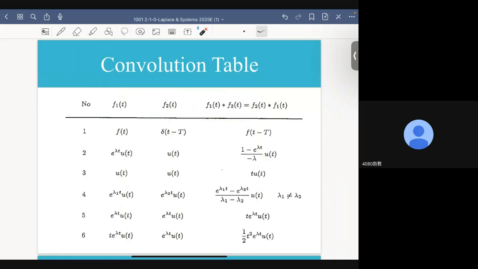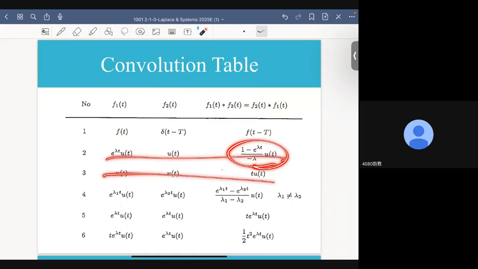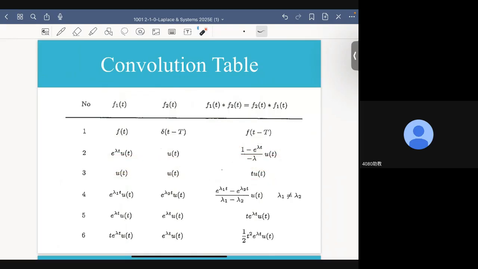For example, the convolution of e to the lambda t and the unit step function is this. So you don't have to perform the convolution integral operation by yourself. Whenever you need it, go to such a table to find the result.